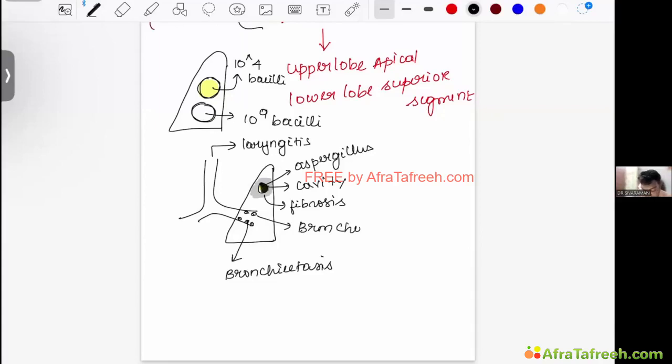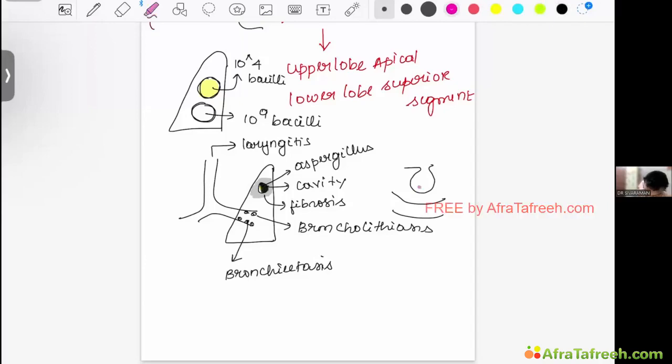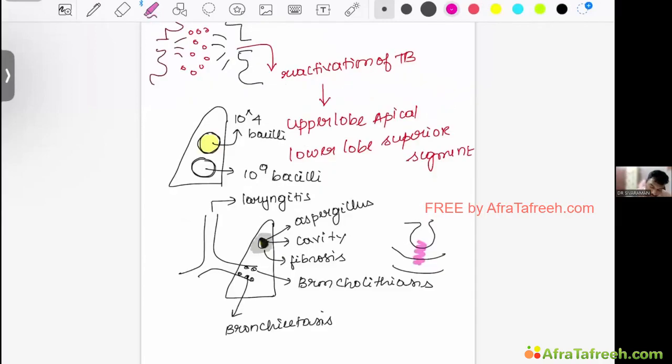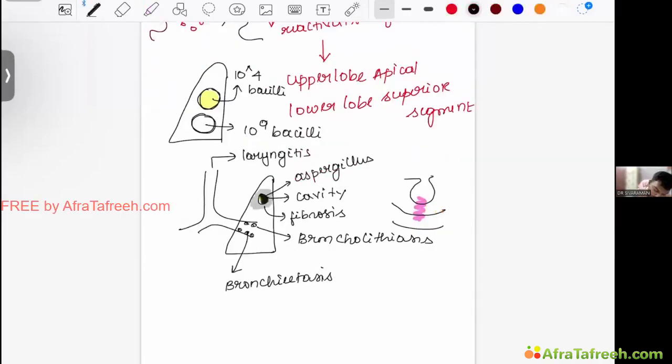It can form a lot of sedimentation in the bronchus, and it is called broncholithiasis. Sometimes this caseous material can rupture into a vessel, and whenever you have bleeding, that is from the caseous material. Now, whenever you have a patient with tuberculosis, usually the bleeding will be from the bronchial artery.